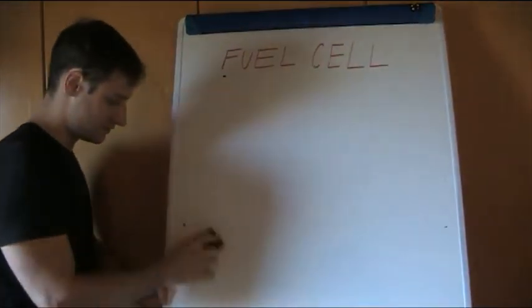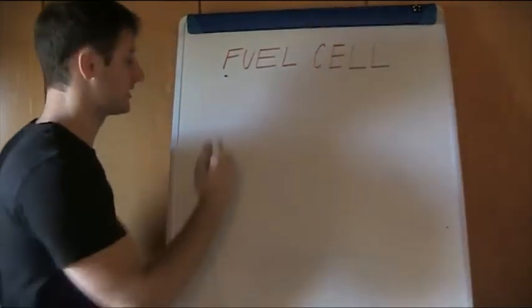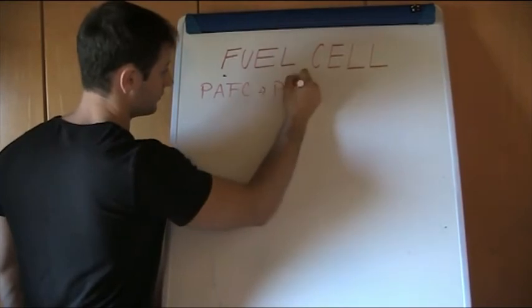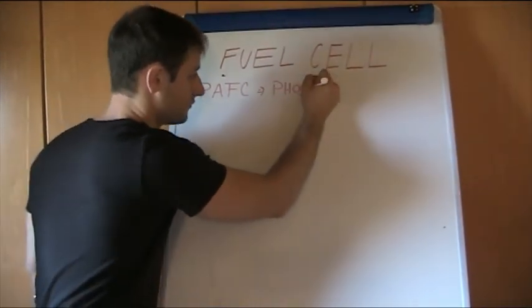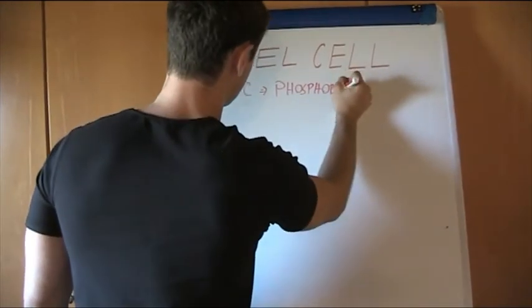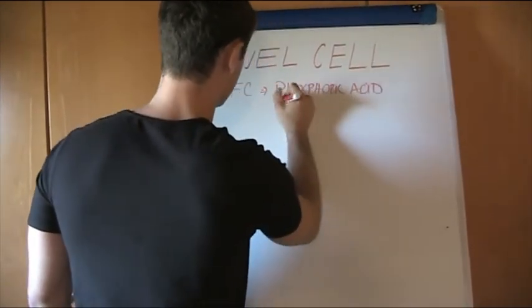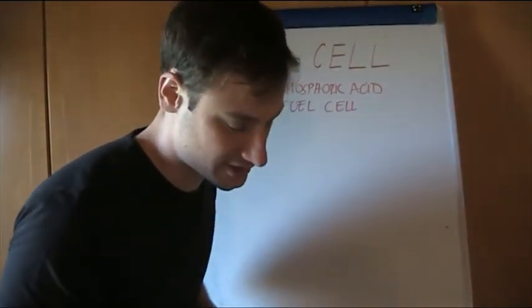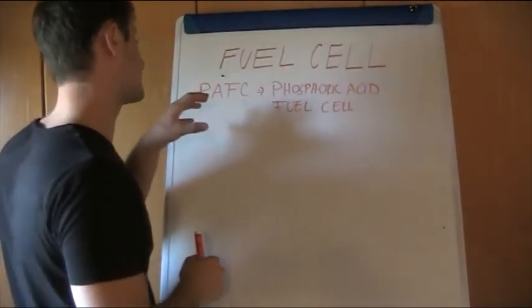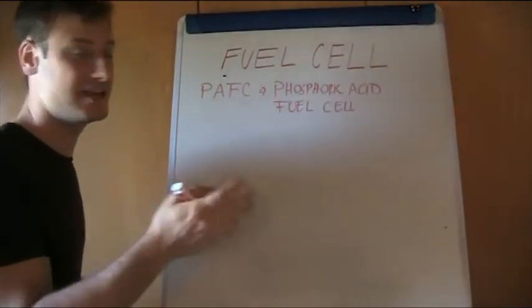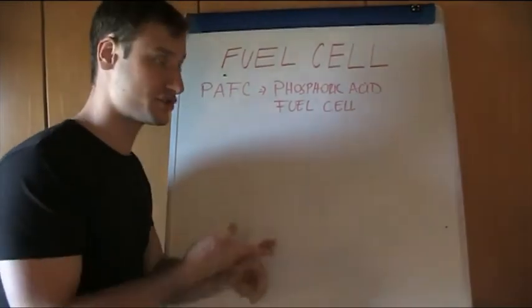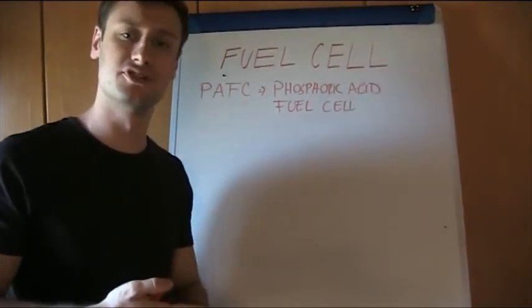So the phosphoric acid fuel cell is a type of fuel cell that works at a quite reduced temperature with respect, for instance, to the solid oxide fuel cell and the molten carbonate fuel cell.